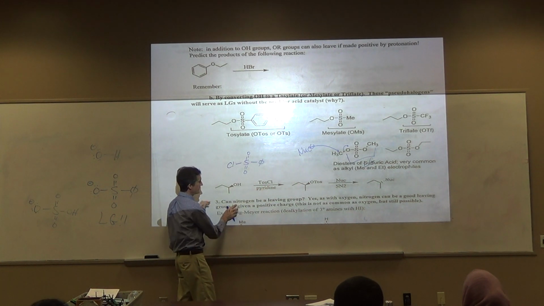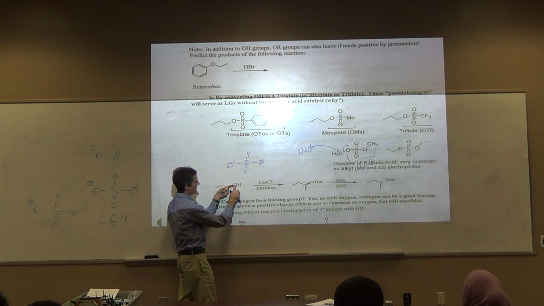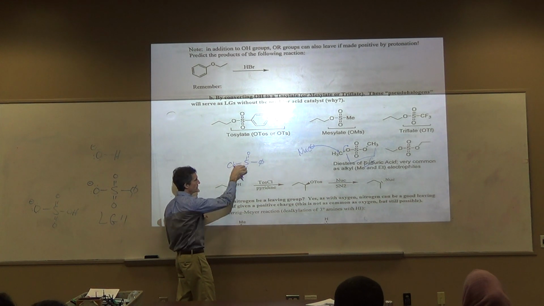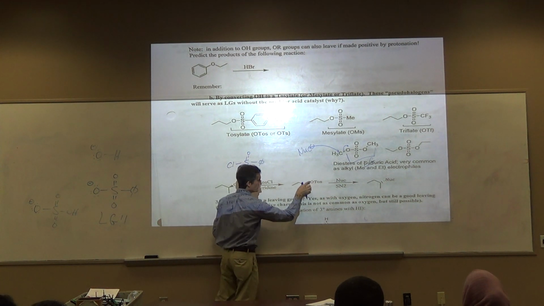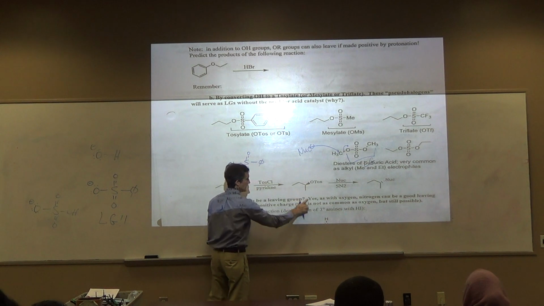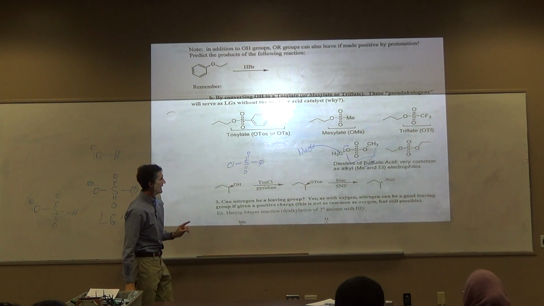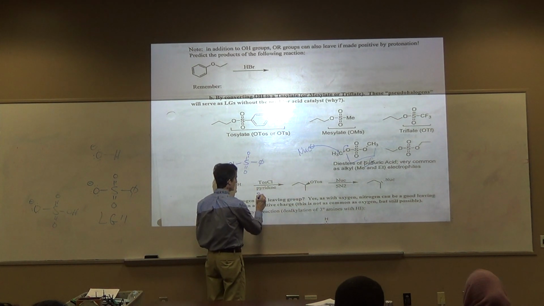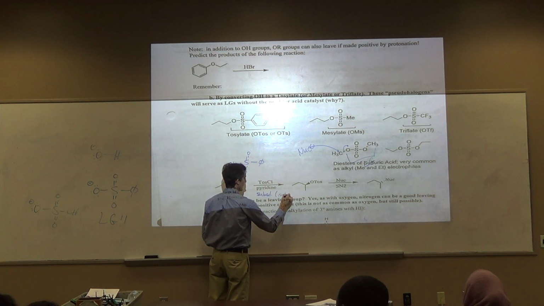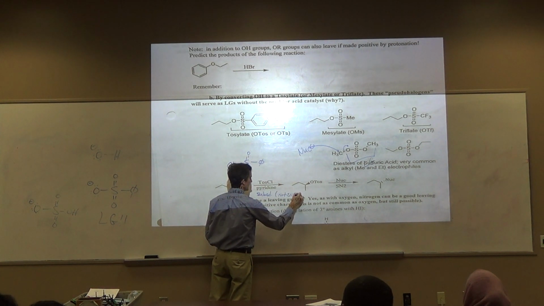And the first step here is the oxygen reacts and kicks off the chlorine. You can look through this chemistry and draw out your O-tosylate. Okay? It is a substitution reaction, but it's not SN1 or 2.